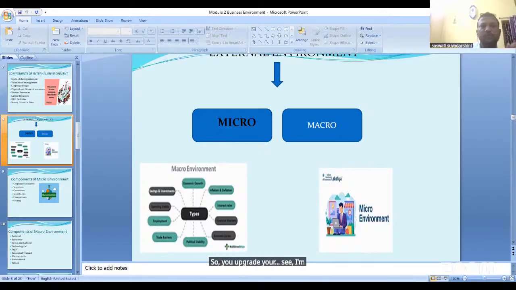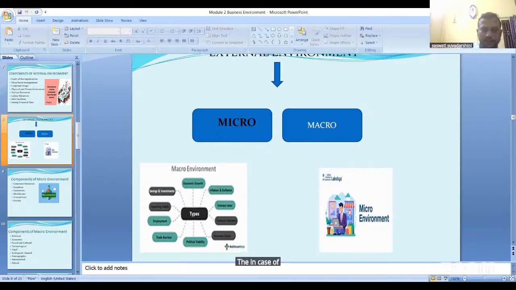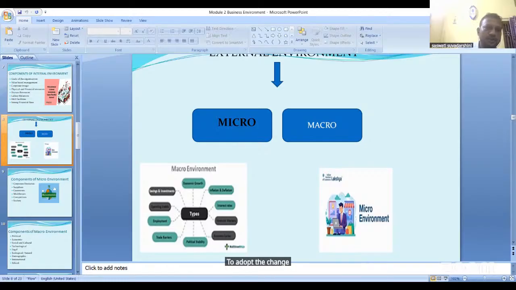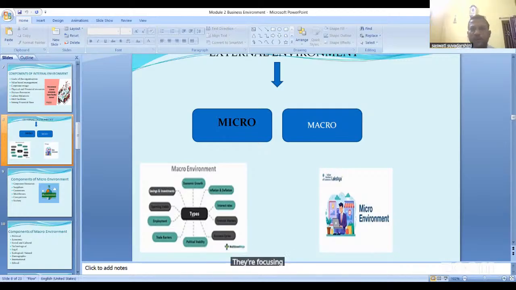I'm citing an example: take Honda, generation 1, 2, 3, 4, 5, they keep changing, and now the sixth generation is going on. These are very small changes made by the company to adapt to change, considering the fuel, the price, the speed, the engine capacity. Focusing on this, they change their strategy, and at the same time they can retain style, design, and color, so they can retain more and more customers.